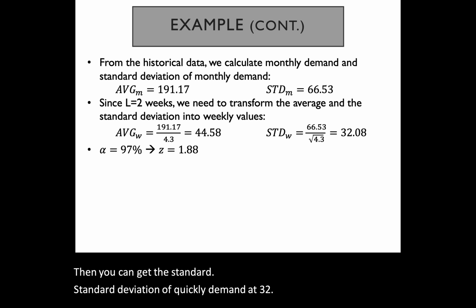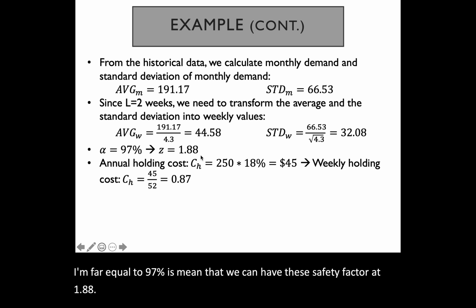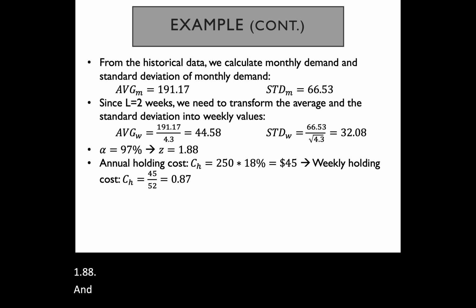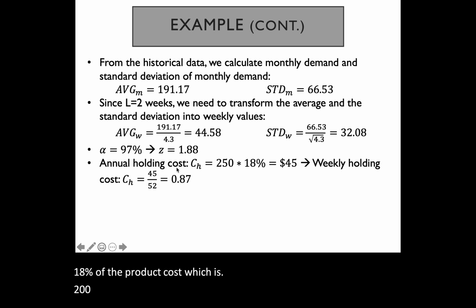Alpha equal to 97% means that we have the safety factor at 1.88. And the annual holding cost will be around 18% of the product cost, which is 250. So the annual holding cost is $45.